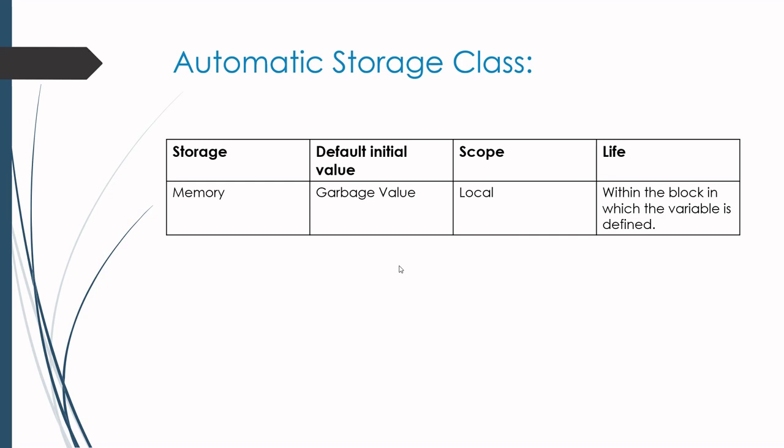It means that whenever you are using the automatic storage class, those variables can be accessed only within that block. And regarding the life, as we said earlier, since it's a local variable, the value of that variable can be accessed only within that block.